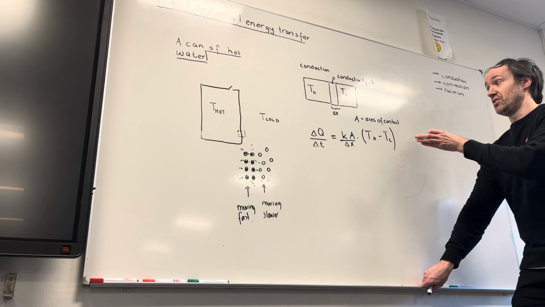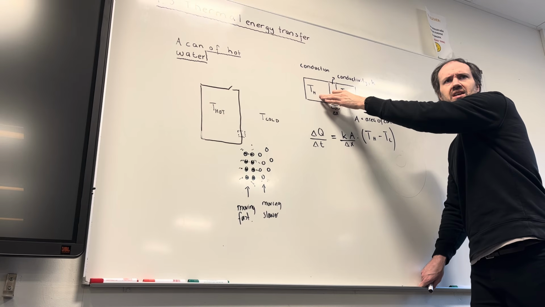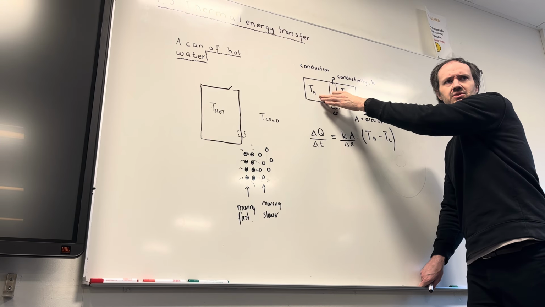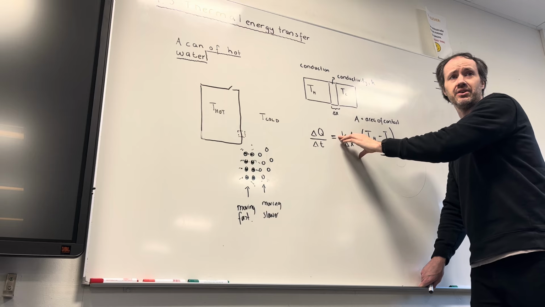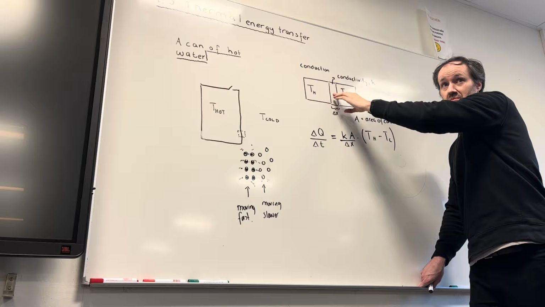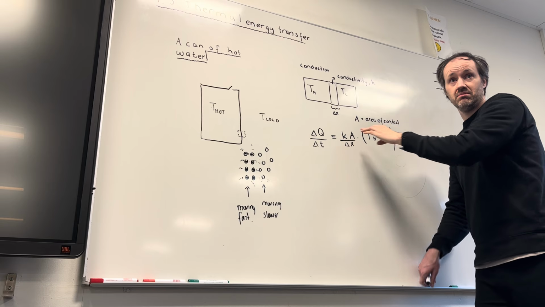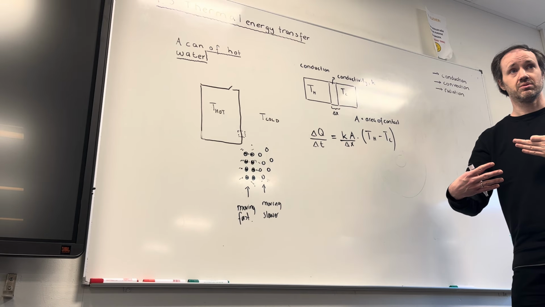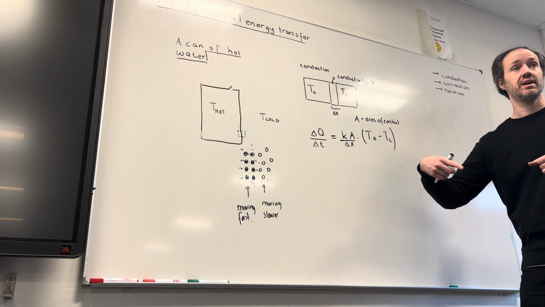Yeah, not just that it's hotter, but if the temperature difference is bigger, the faster the process moves. Does that make sense? And the higher the conductivity of the medium between them, the more energy per second you get. Higher contact area, the faster it goes. And if the distance is increasing, the slower it gets.